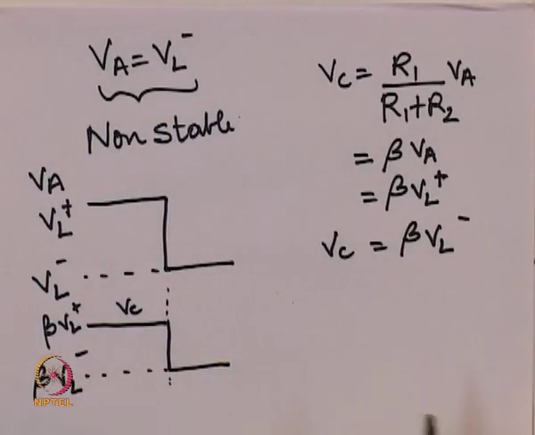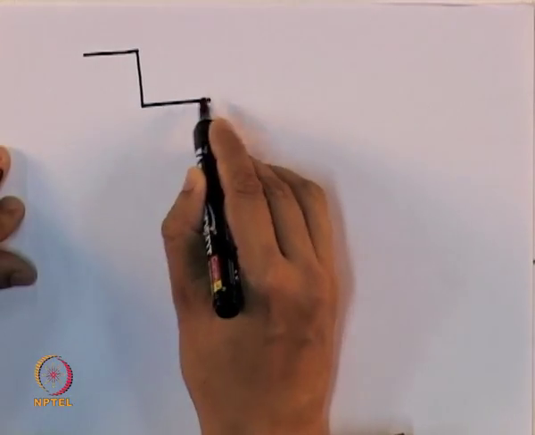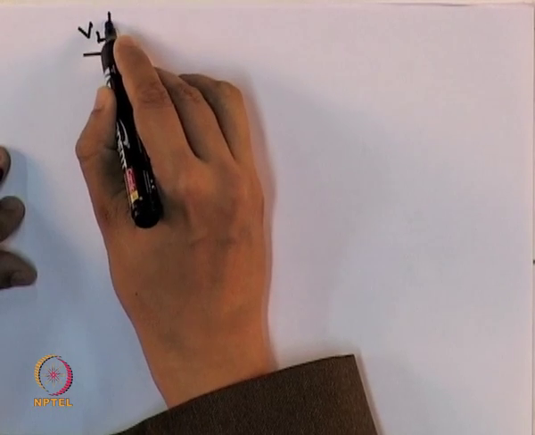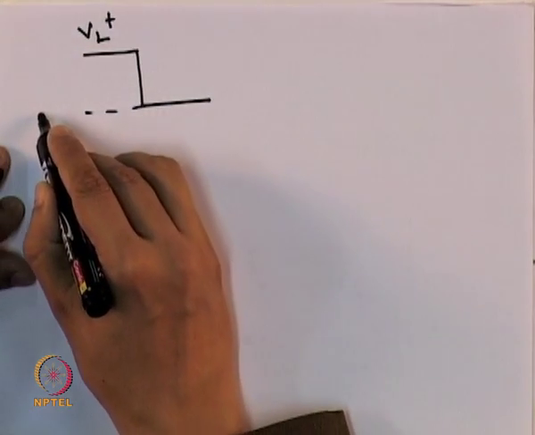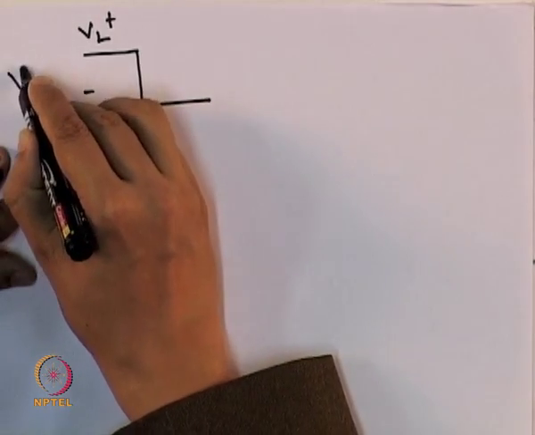Let me take a fresh page then. So I have my VA going from VL plus to VL minus, this is VA.